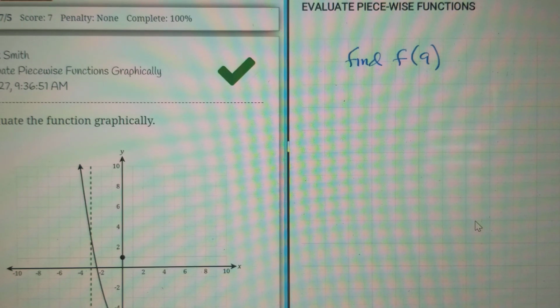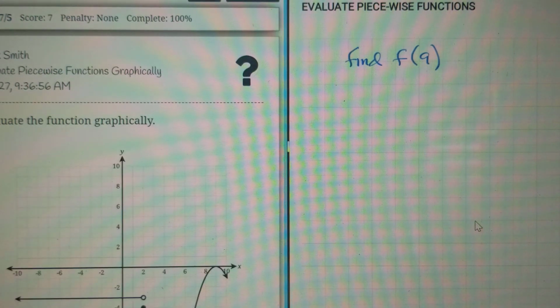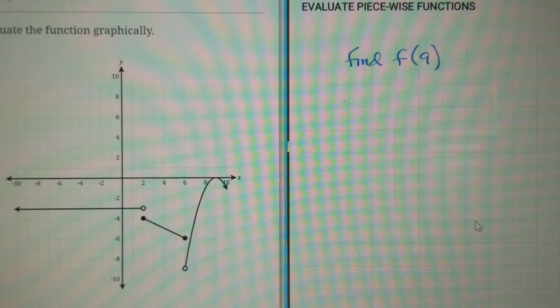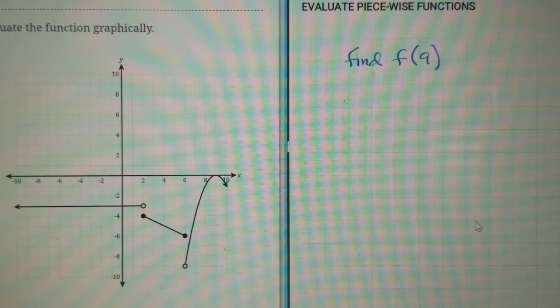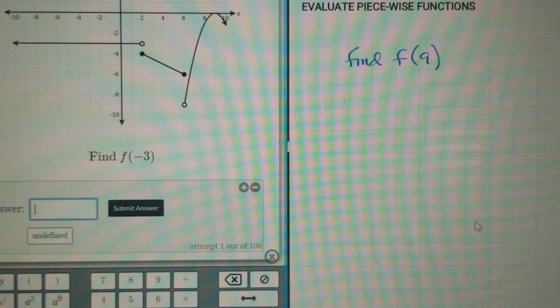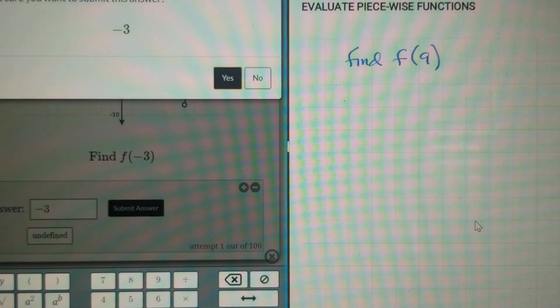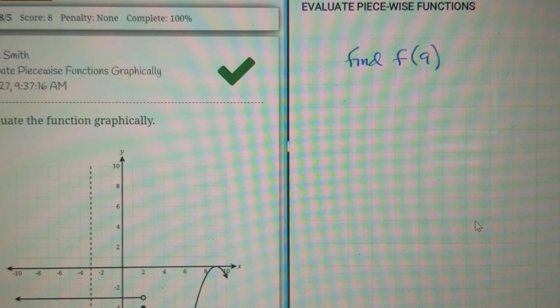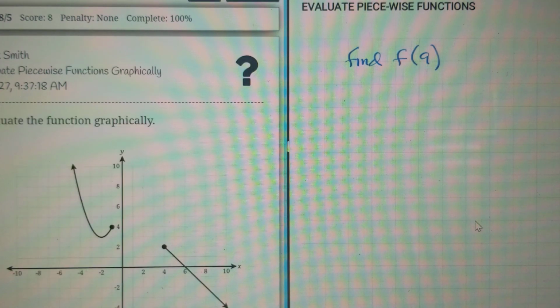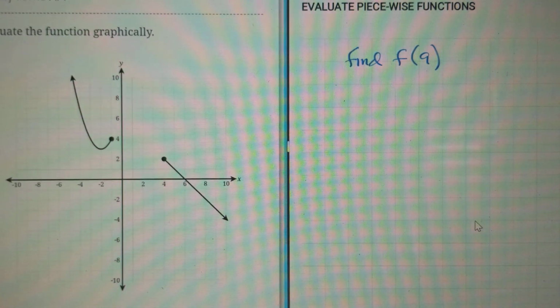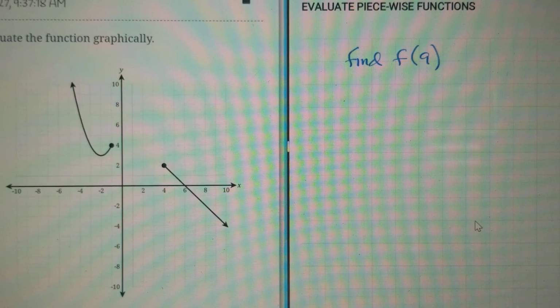All right, let's do another one here. F of -3. Well, that one's pretty easy. That one's also going to be -3. I go over to -3 and go down, and that's equal to -3. I'm looking to see if they have maybe a tricky one in here. This says f of -1.